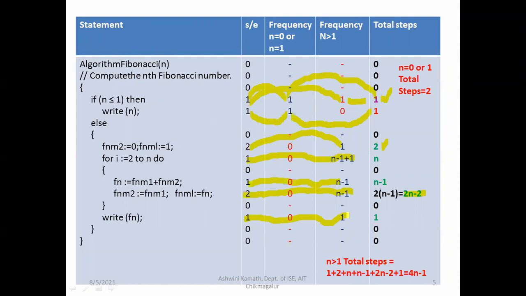So when n is equal to 0 or 1, total steps is equal to 2, that is 1 plus 1, which is equal to 2.